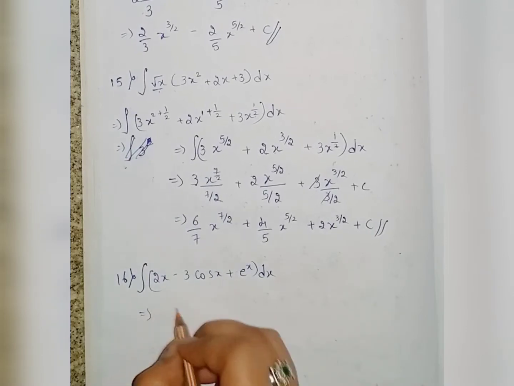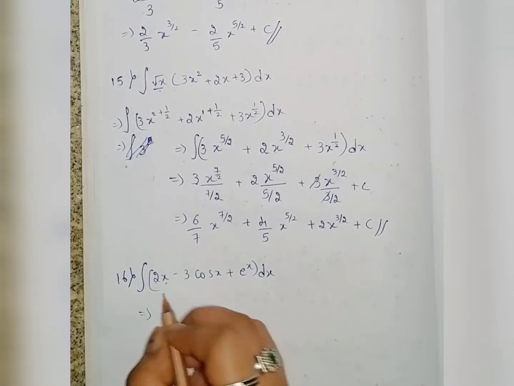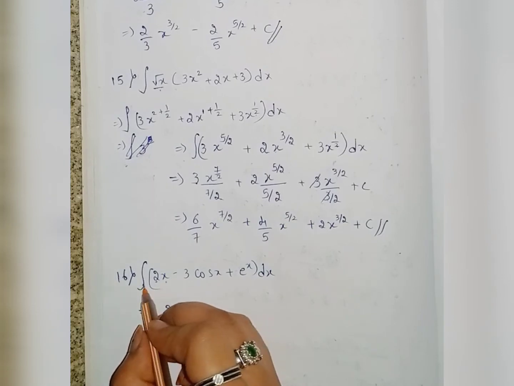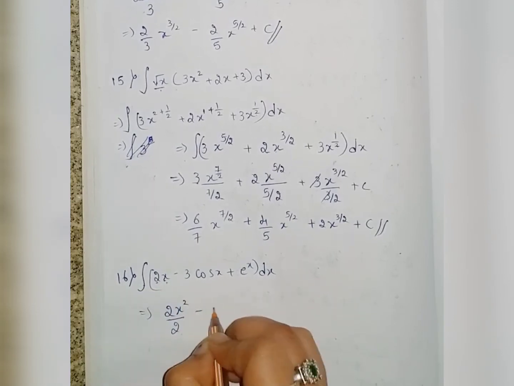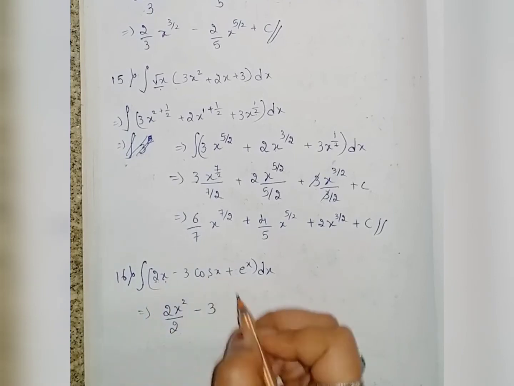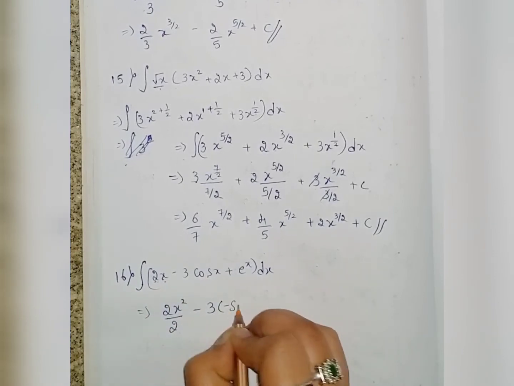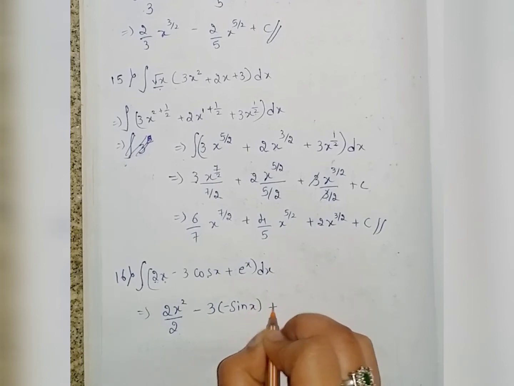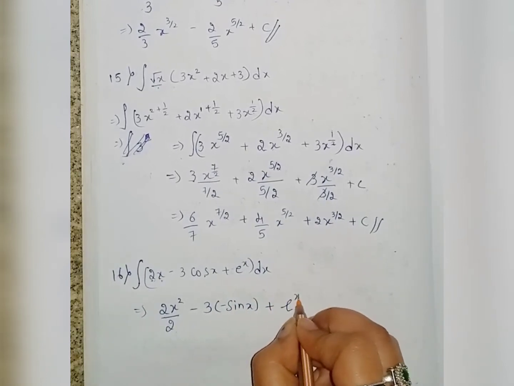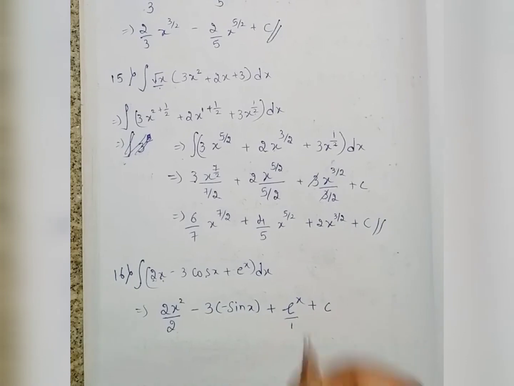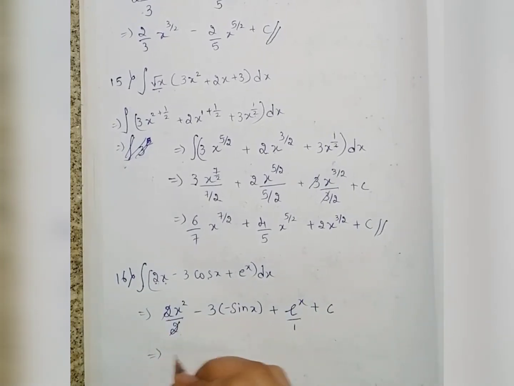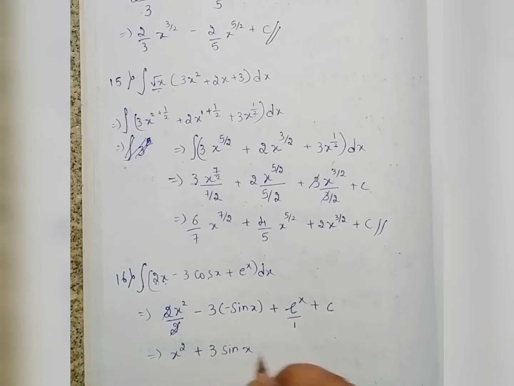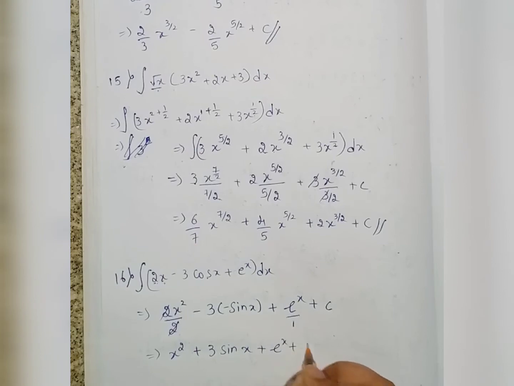The integration of 2x is 2 times x square by 2, minus 3 times the integration of cos x, which is sine x, plus the integration of e power x, which is e power x, plus c. Now minus into minus is plus, and the 2 gets cancelled. We get x square plus 3 sine x plus e power x plus c.